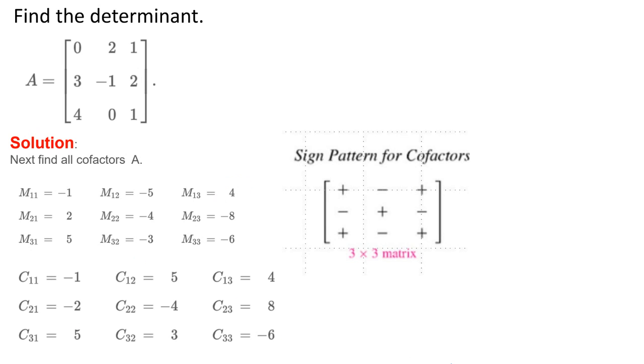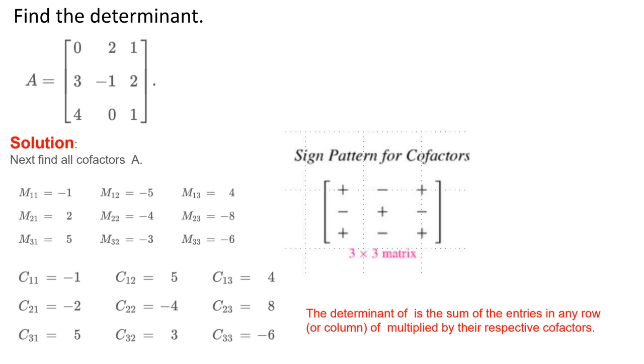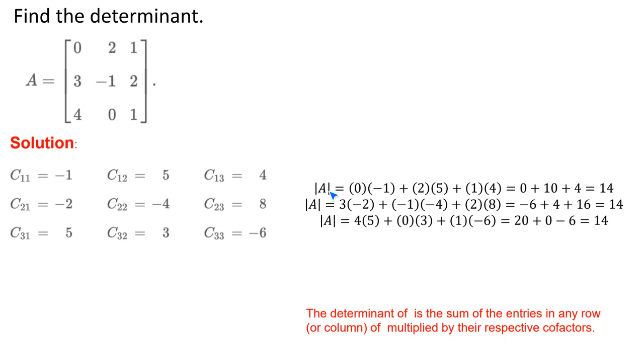And so you're left with all these numbers. Now what we're going to do is this: the determinant is the sum of the entries in any row or column multiplied by their respective cofactors. So to get the determinant, all you have to do is take the numbers here and multiply.